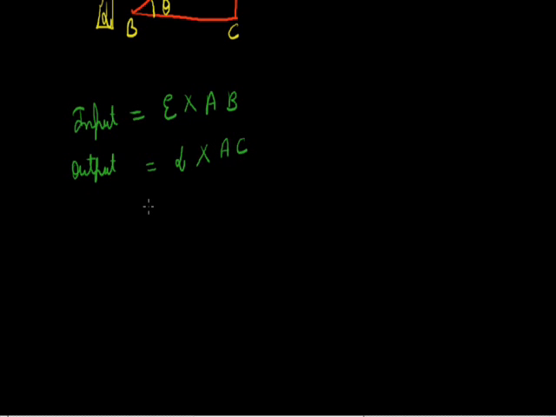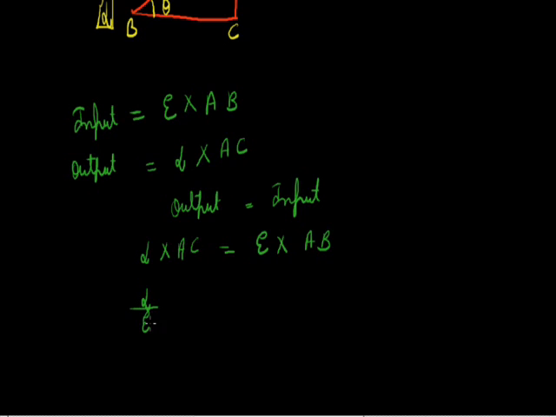By the principle of machines we know that output is equal to input, so L into AC is equal to E into AB.